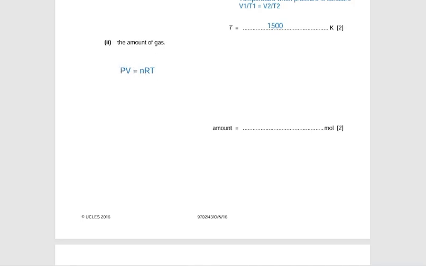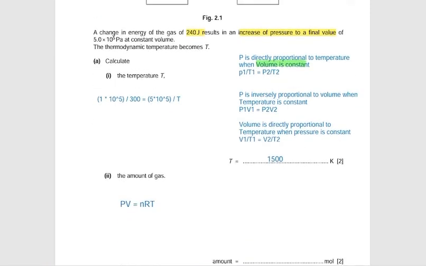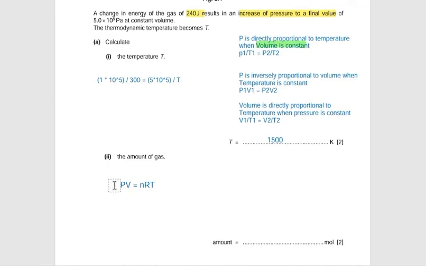You can use information either from this or this, it depends on you, but I would say that you go for the initial state, because you can only use this if you're sure that your answer is correct. If this answer gets wrong, then your other part will get wrong as well, so it's best that we go for the initial state.